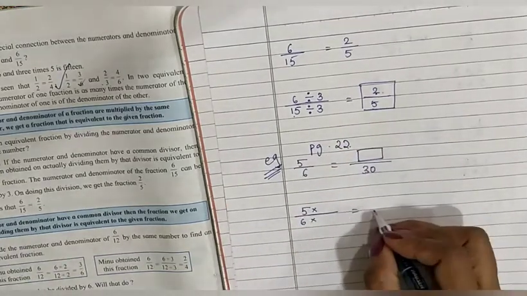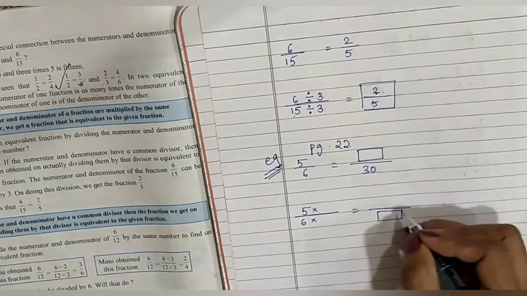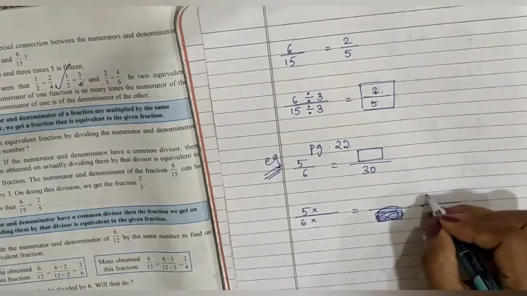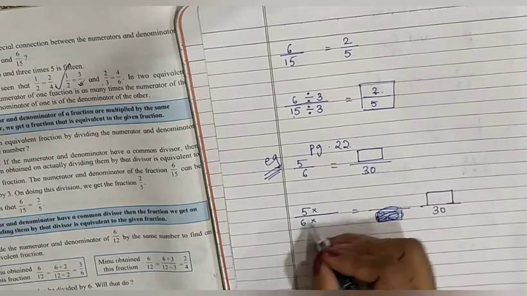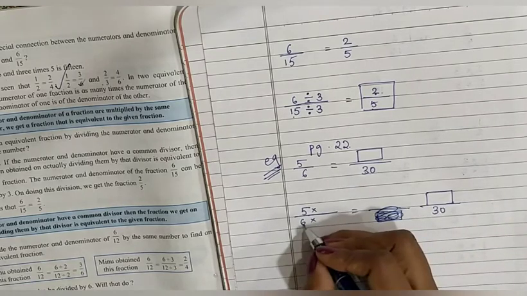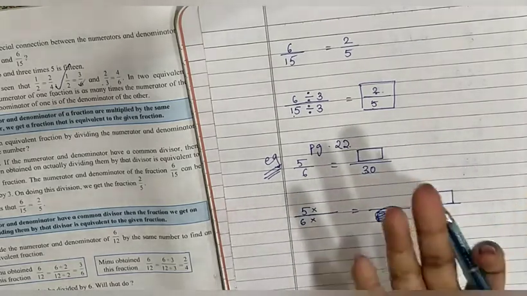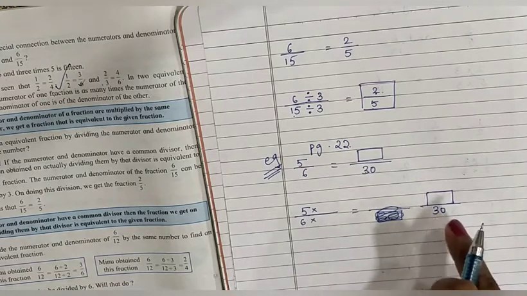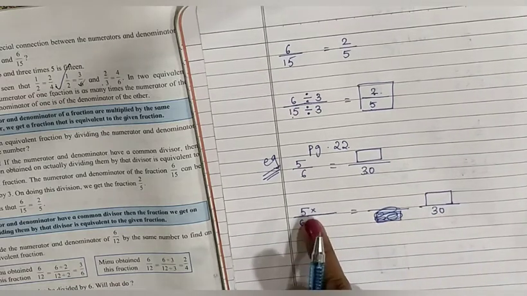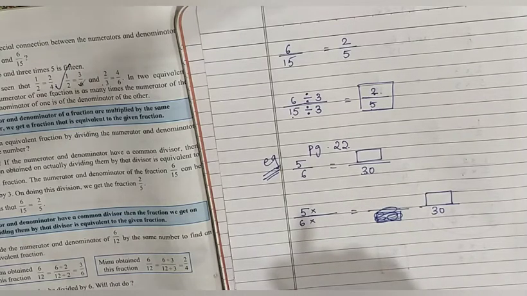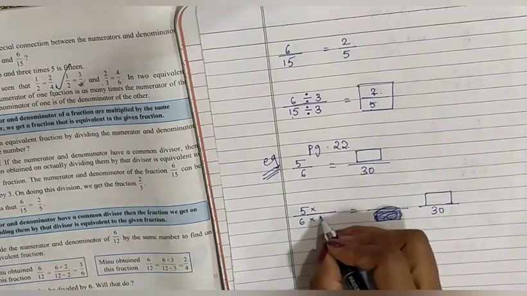So 5, this is 30. So 6, you tell the 6 table. 6 ones are 6, 6 twos are 12, 6 threes are 18, 6 fours are 24, 6 fives are 30.